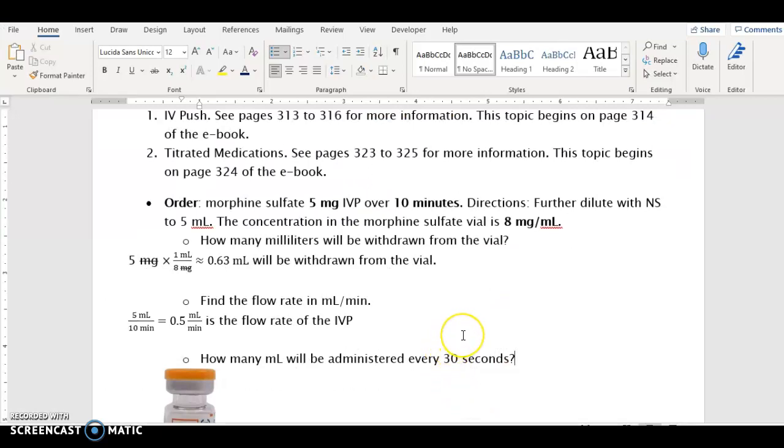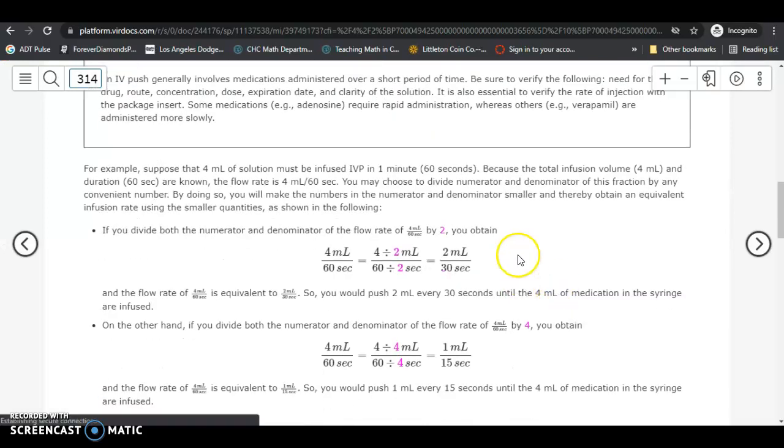So you're going to administer a certain number of milliliters every 30 seconds by moving the plunger of the syringe accordingly. If you look at the examples here, let's say that 4 milliliters of solution must be infused in 1 minute, which would be 60 seconds.